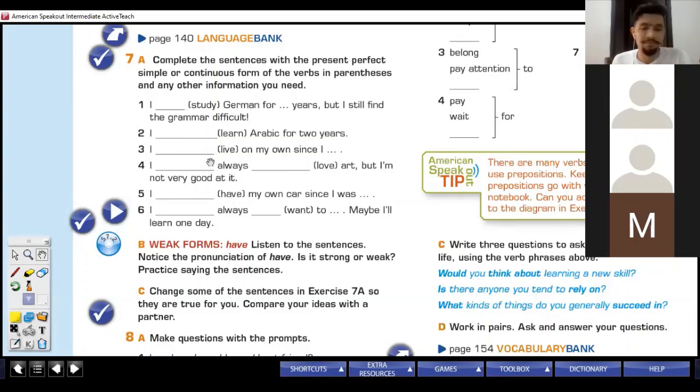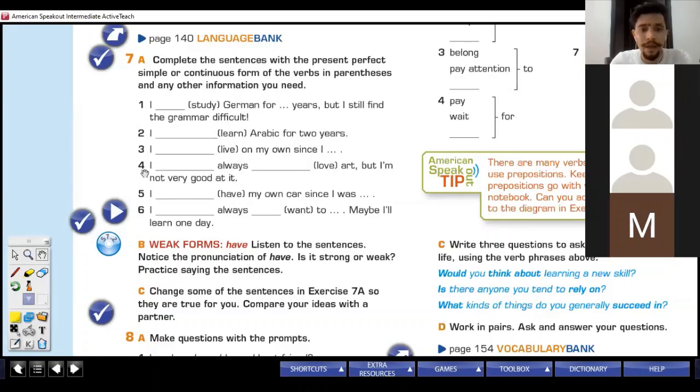I think it would be better if you use continuous, right? Because the action of living, like right now, you are living because you are not dead, right? So the verb itself, like live, has the intention of being progressive because we are still living right now. We're still alive. So you can use both, but it would be better if you use the continuous form.